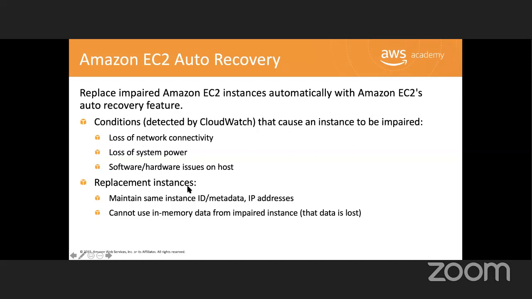Replacement instances maintain the same ID, metadata, and IP addresses, but cannot use in-memory data from impaired instances. That data is lost, like the RAM in your computer, because it's in memory. So you have to have a snapshot in place to snapshot your EBS volumes and save that data.